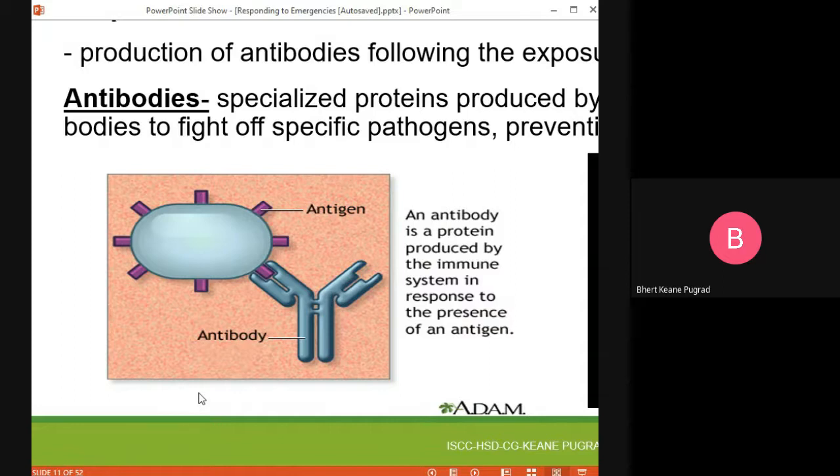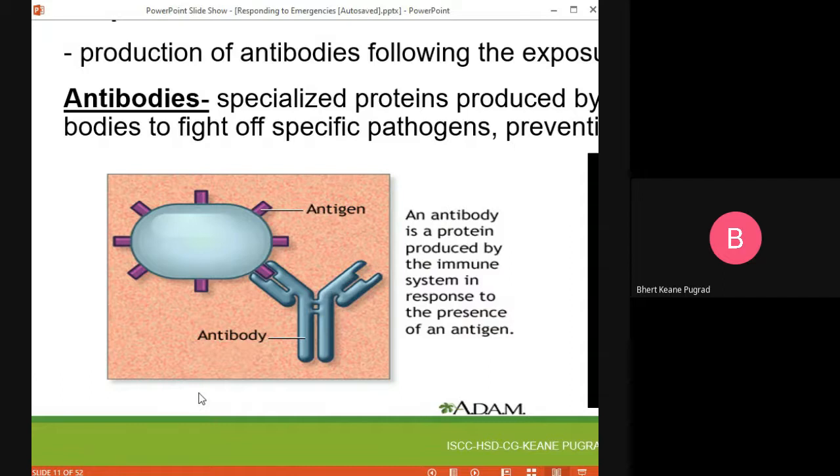Another is some vaccines contains weakened bacteria or weakened virus, no? And kapag yun ay na-inject sa ating katawan, nasa-sense na ngayon ng ating katawan na merong virus sa ating katawan. So, anong gagawin ng katawan natin?